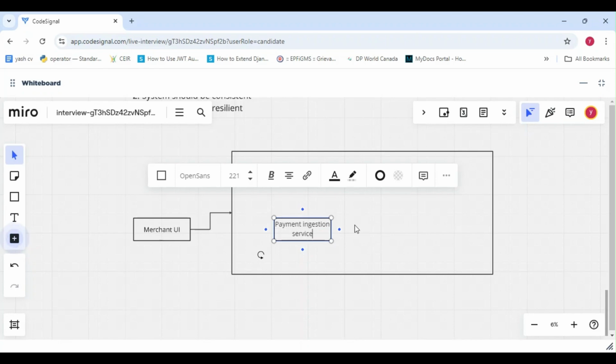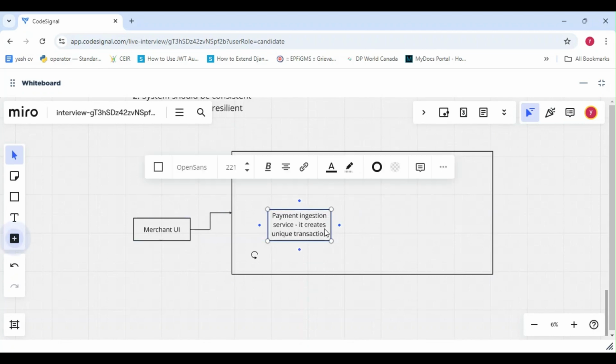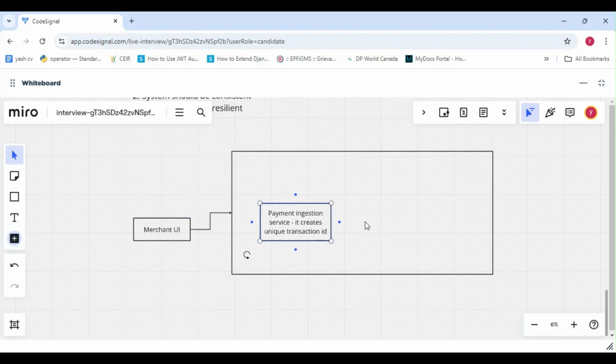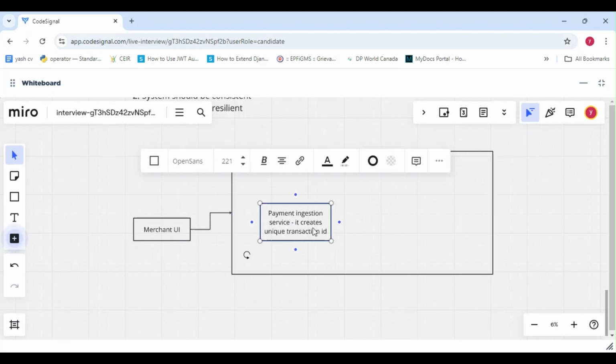After it creates the unique transaction ID, it forwards the transaction to the queue.